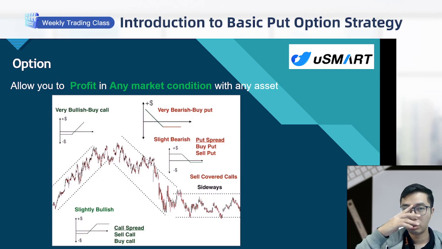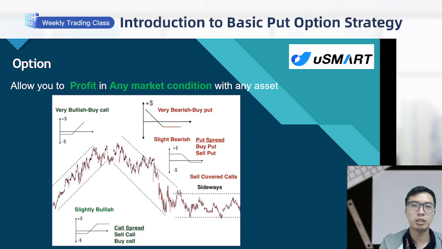So in trading, we need to know what trend and what current market conditions we are in now. By using the analysis, we can then deploy a good option strategy to maximize our returns.